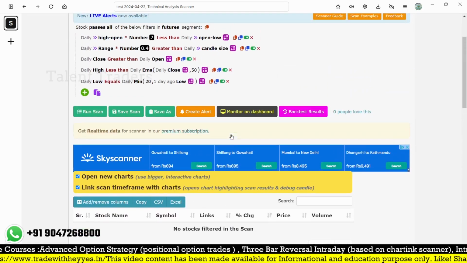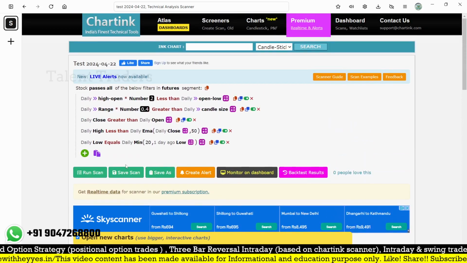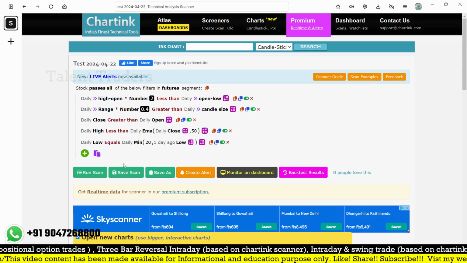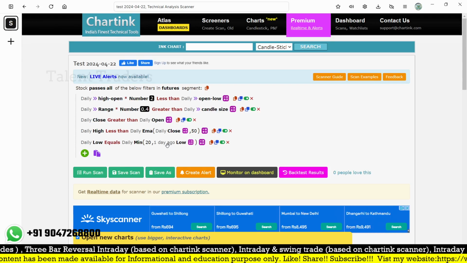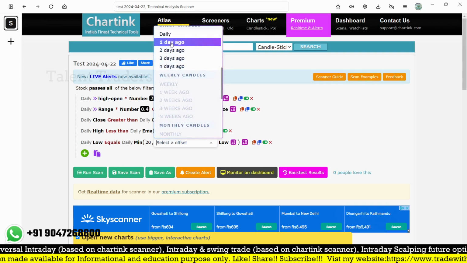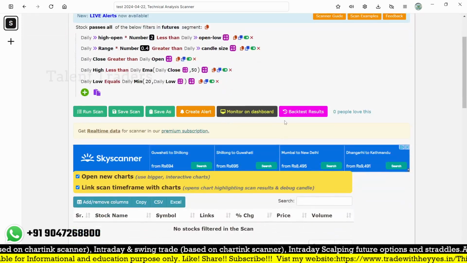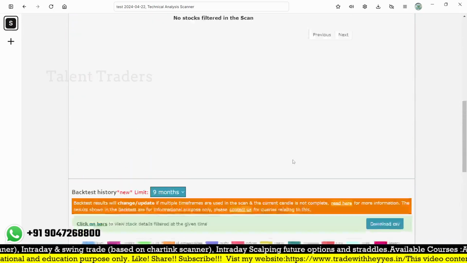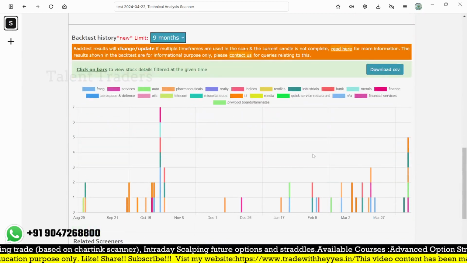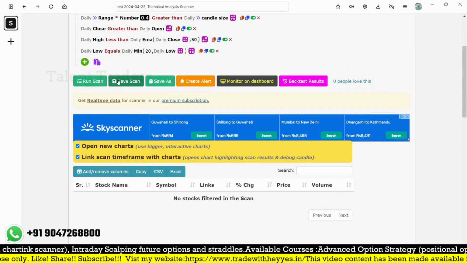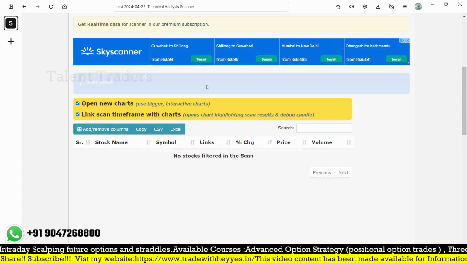What is happening here? In our stocks, yeah. So I think 1 day ago, not 1 day ago. So see, okay. So that would be save, scan, and submit.